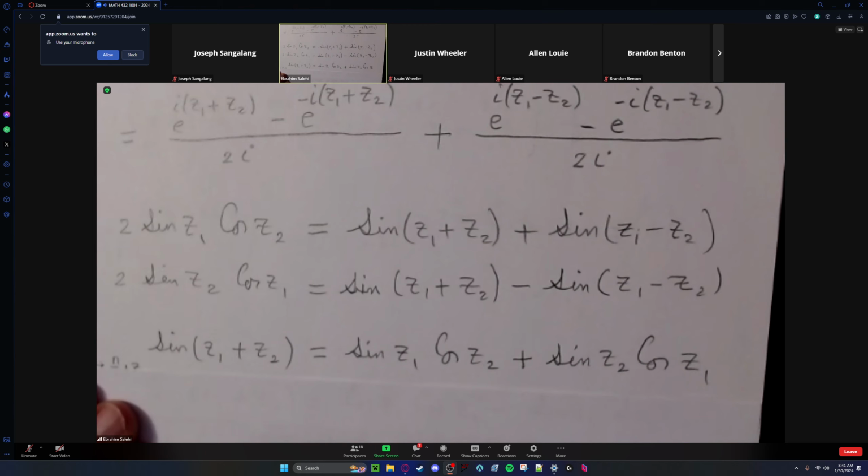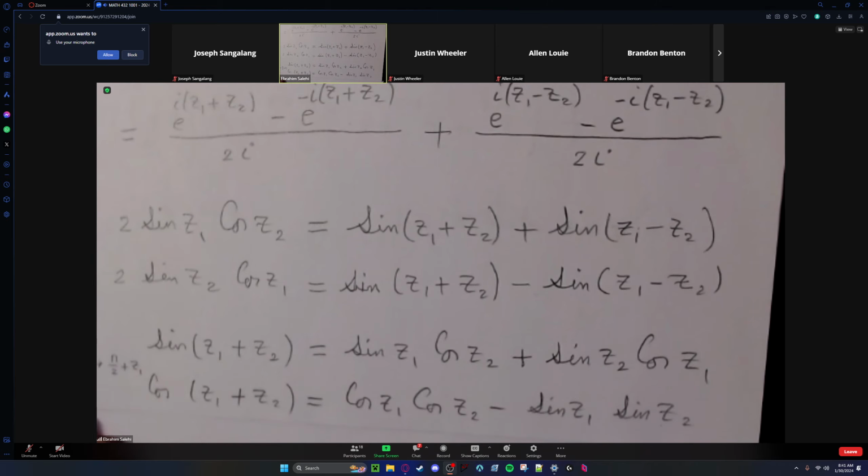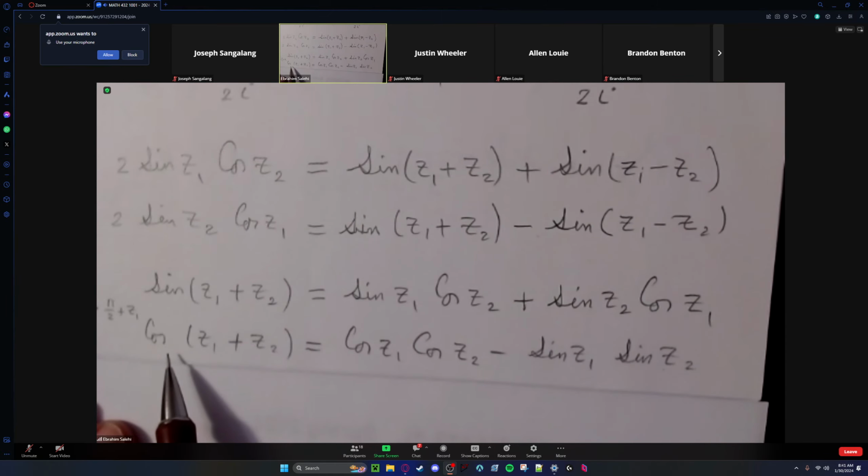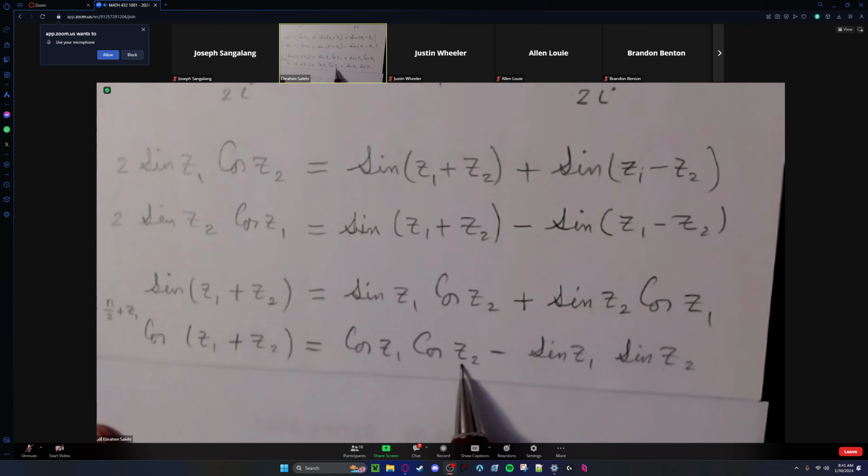Well, we can have the same sort of trig identity by replacing z1 by z1 plus pi over 2, and you will get the counterpart for cosine. Cosine of z1 plus z2 is cosine of z1 cosine of z2 minus sine of z1 sine of z2.